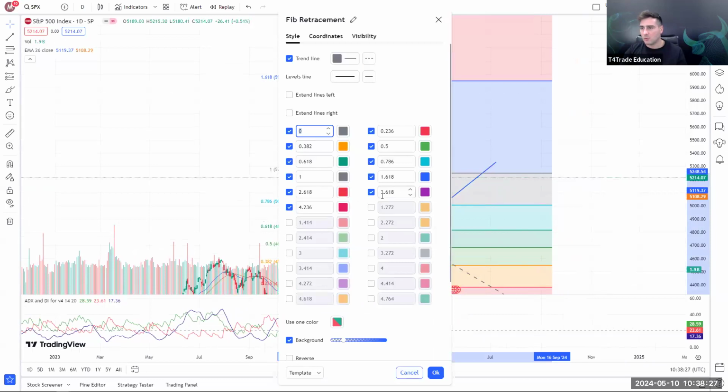Let's enable all the other key levels, 127 to 141. This is way too far, so I'm just going to stick to this.